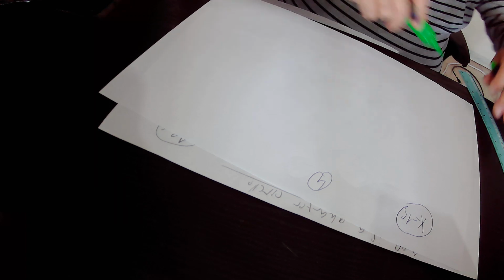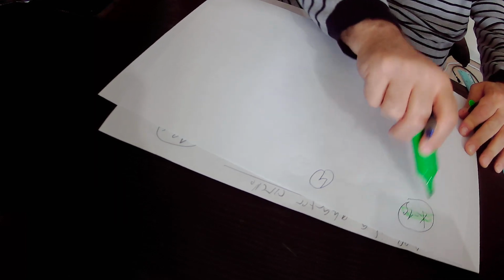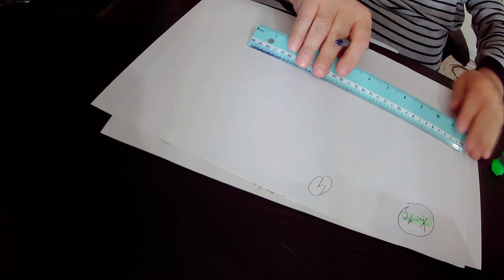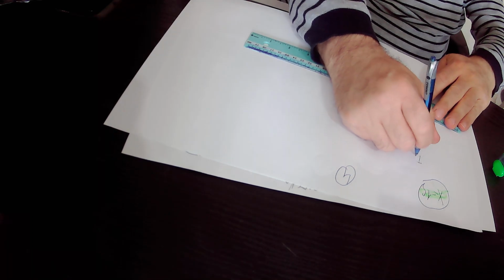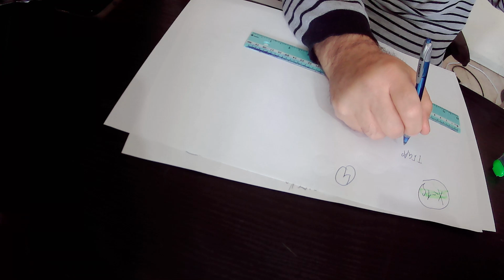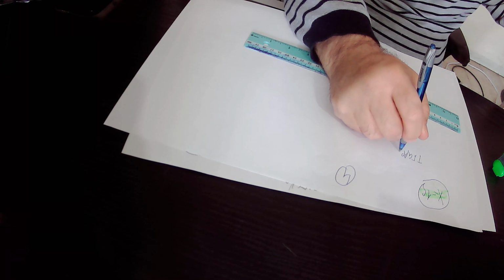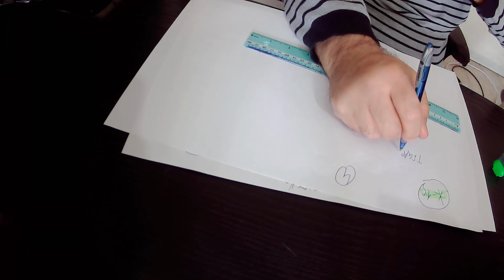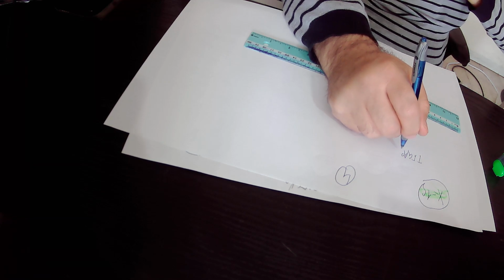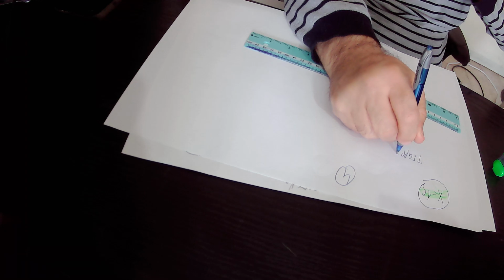In the next step, I present to you the formula for the area of a trapezoid. Again, a trapezoid is a quadrilateral with one pair of parallel sides.